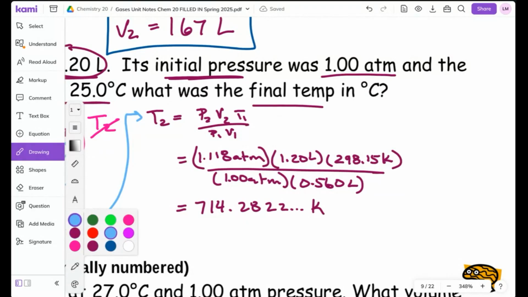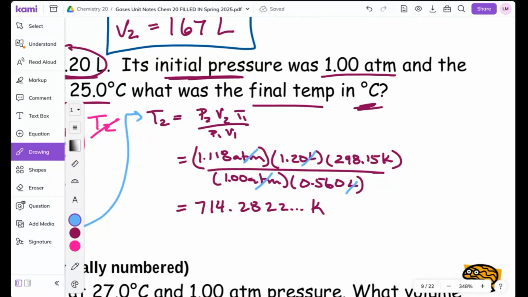Now, how the units are working out is atmospheres in the top and the bottom, so they cancel out. Same with liters. This is why we're left with kelvins, because it's the only units that didn't cancel out. Now, the question specifically asks, what was the final temperature in degrees Celsius? So we're not done just yet.